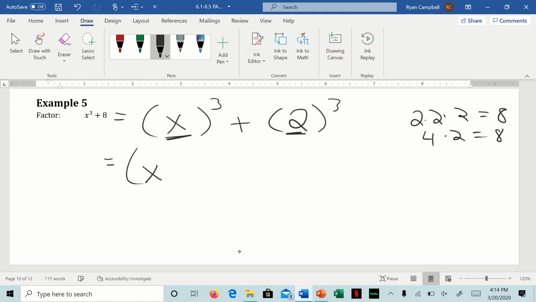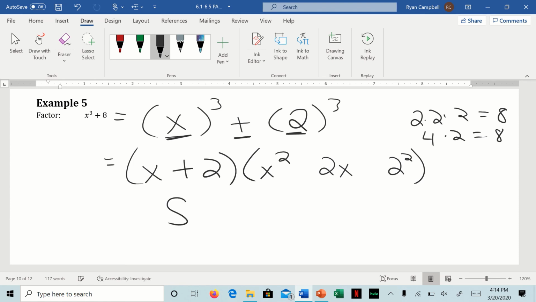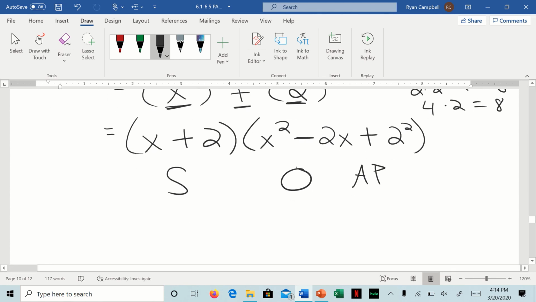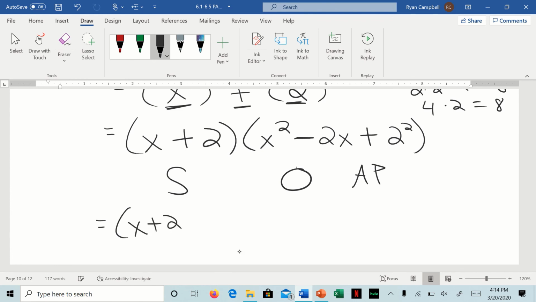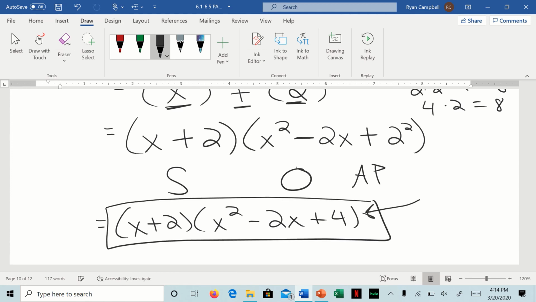So remember, it's the first term, second term, first term squared, both of them being multiplied, and then the last term squared. So remember, it's SOAP. So it starts with a plus, so same, opposite, always positive. So if we simplify this, we get x plus 2, x squared minus 2x plus 4. And like we already said, that's prime, so we're done. That's it.